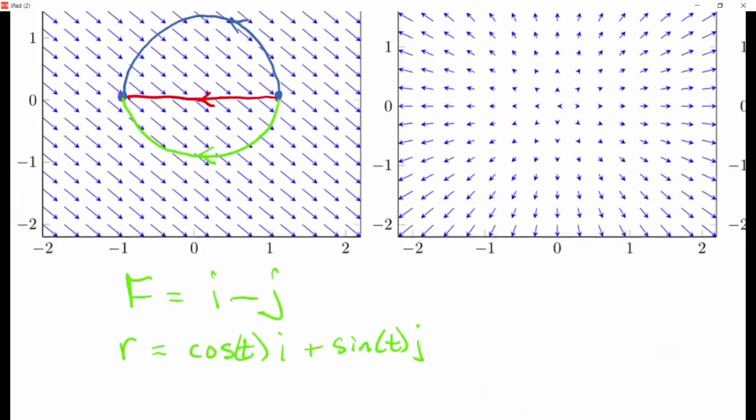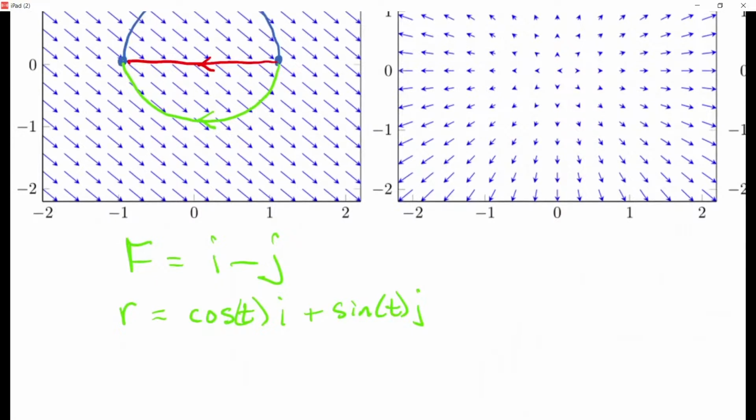It's the same circle, but in this case, you're going to have t go from 0 to negative pi. So you're going down around. It's going to look very, very similar. But if you did the integral of F dotted with dr, you actually get negative 2 as well.